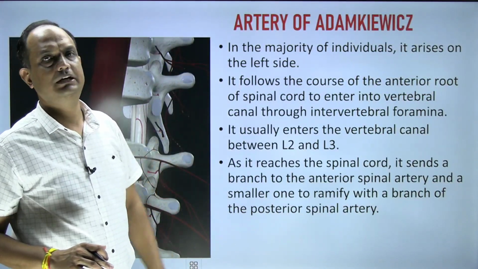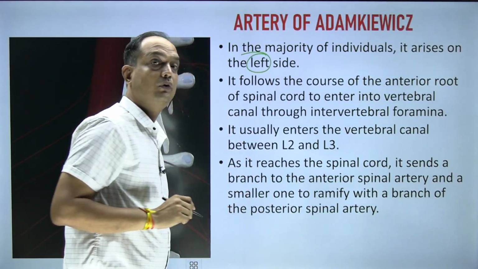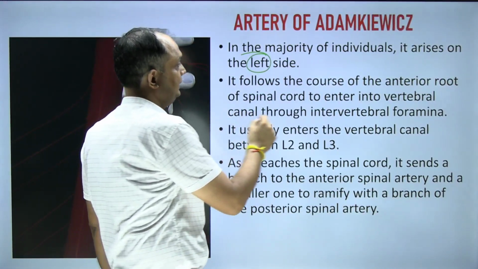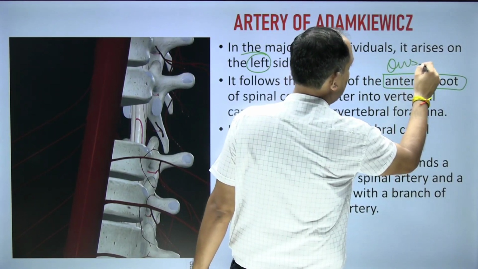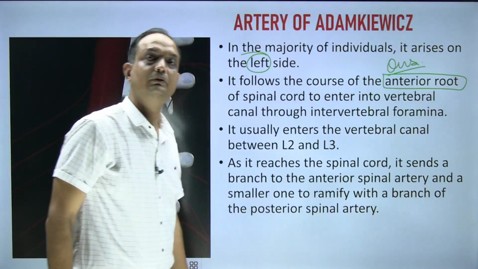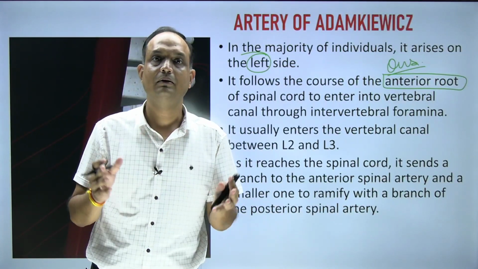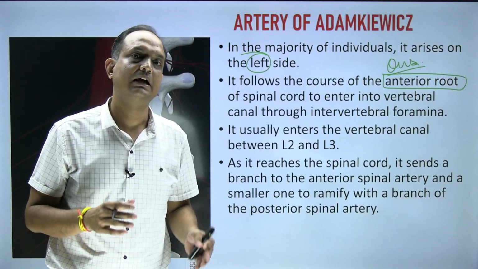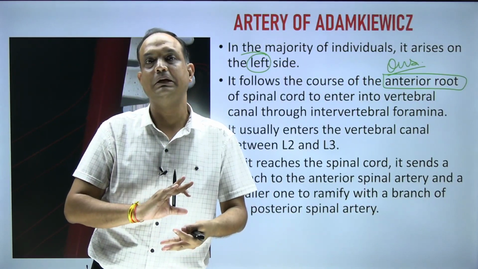In the majority of individuals, it arises from the left side and follows the course of the anterior root. Now this is again a very important MCQ for your exam. Whenever you have this arteria magna, the question is whether it is present along the ventral side or dorsal side of the spinal cord.